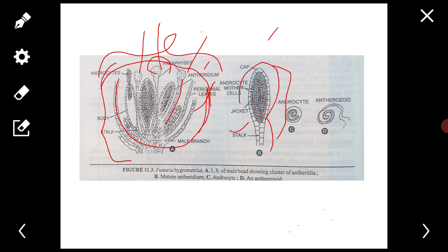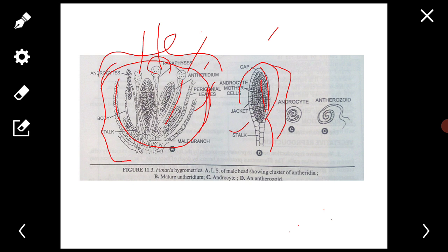It has a single layered jacket which encloses a mass of androcytes. Here you see the androcyte mother cells, and the androcyte mother cells produce the androcytes.